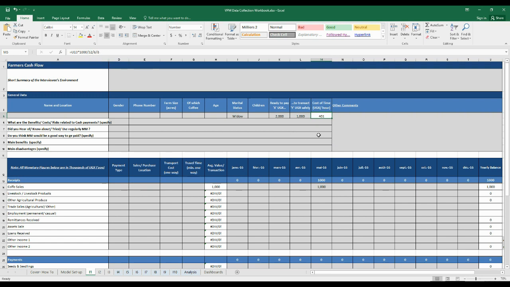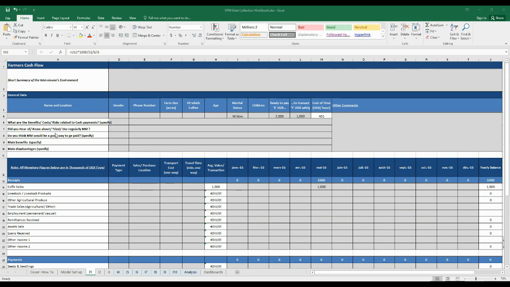So basically this is the cost of time per hour, how much the interviewee makes per hour, assuming that the income is uniform over the course of the year, which of course it is not, but this is the way it is calculated in this model.